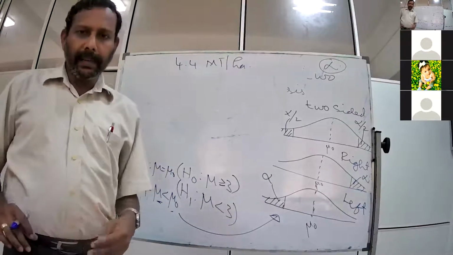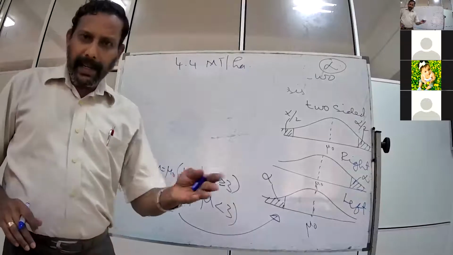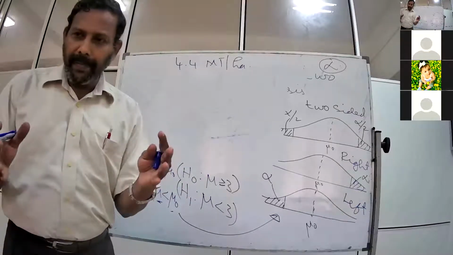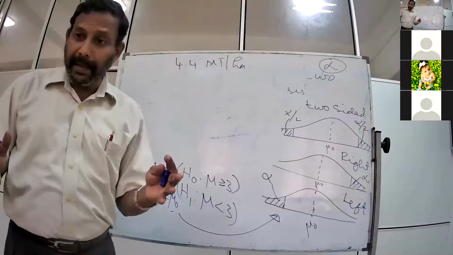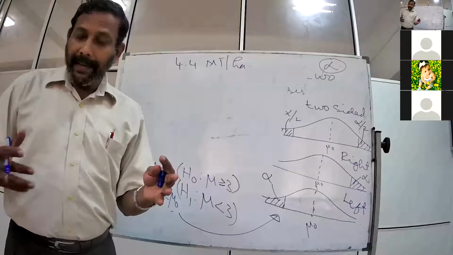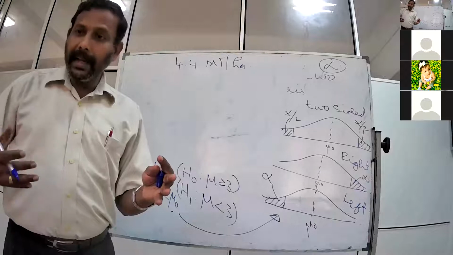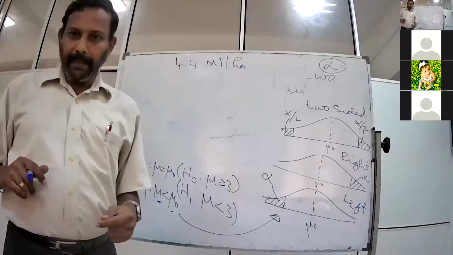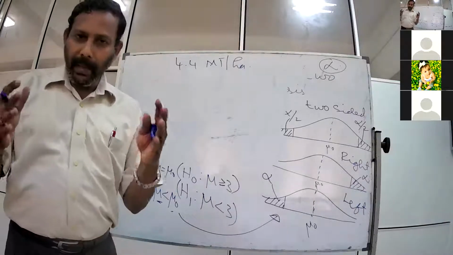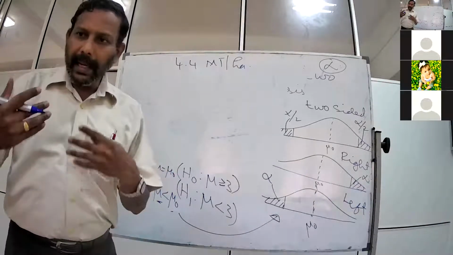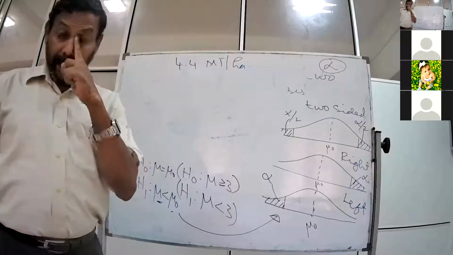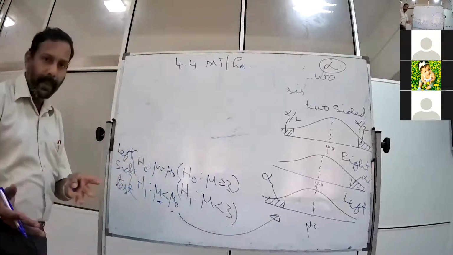I want to test, if the question is like this: test whether this group of farmers has an average paddy yield above the national average. So this is the question.